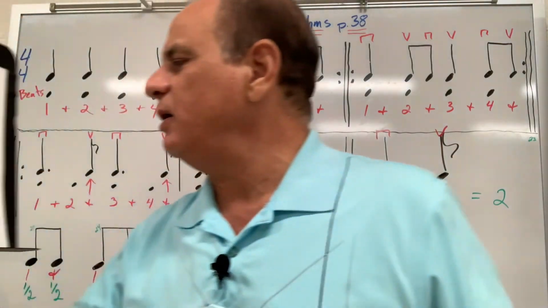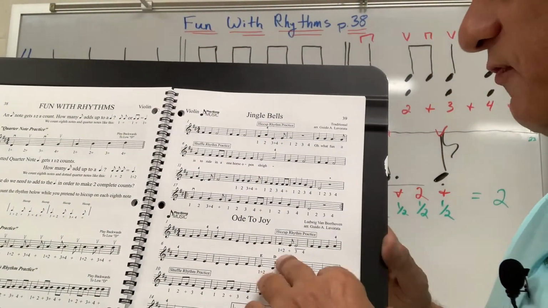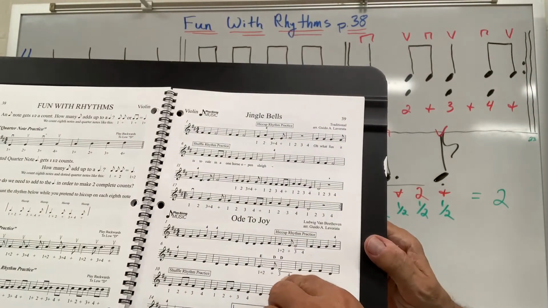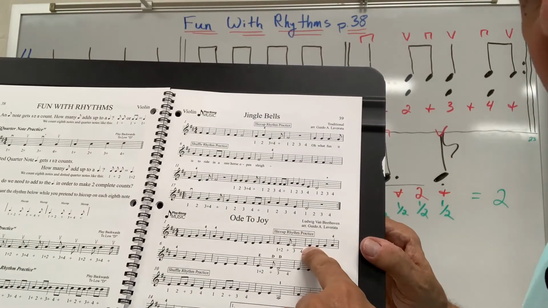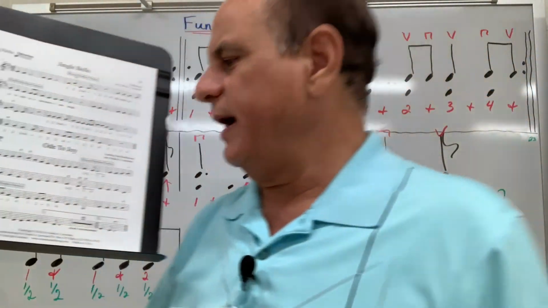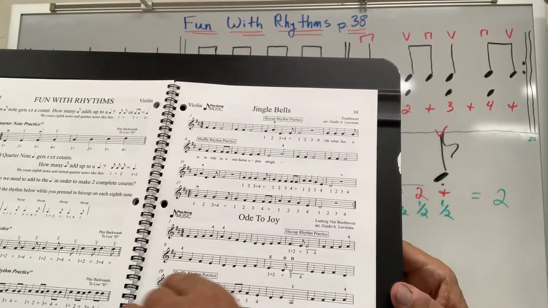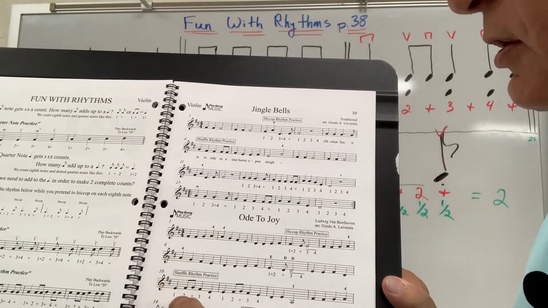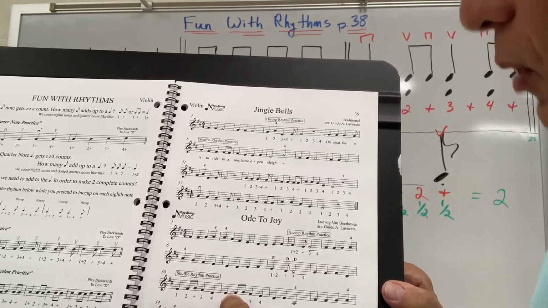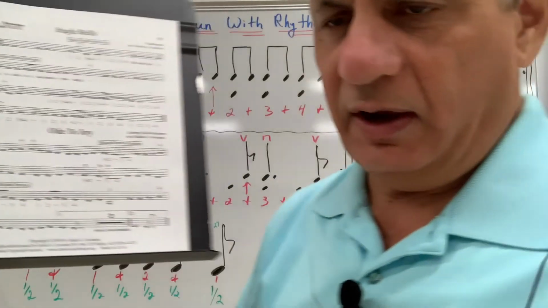Okay, and then for our next song, Ode to Joy, we find a hiccup rhythm right here. F sharp, E, E, F sharp, E, E, and we'll do the same thing. All right, and then we learn in Ode to Joy, we have measure 10, we have shuffle rhythms. 1, 2, and 3, 4, 1, 2, and 3, 4, 1, 2, 3, 4.